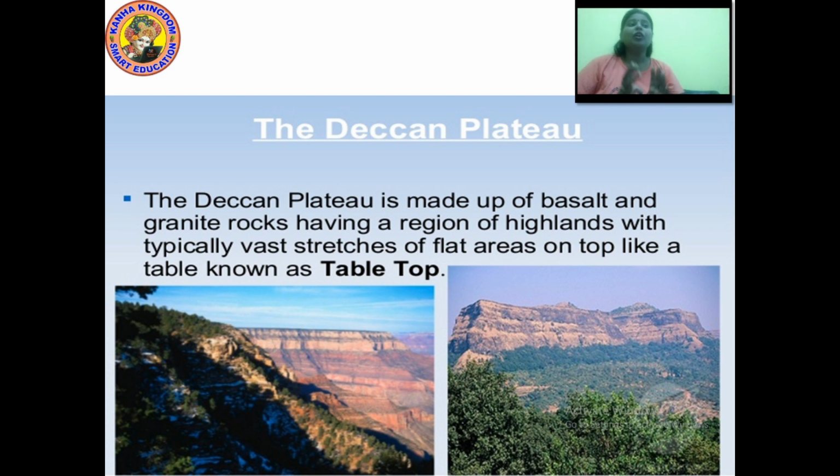The Deccan Plateau is made up of basalt and granite rocks and has a region of highlands. They do not have a mountain-like structure, but a flat surface. It rises up, but it is flat on the top. So it is known as a tabletop.